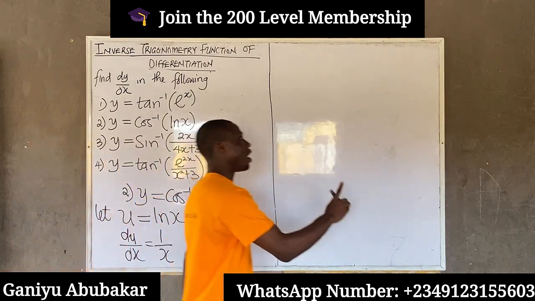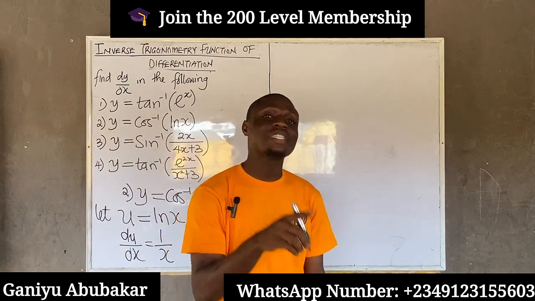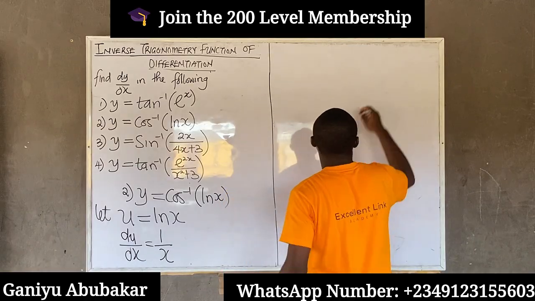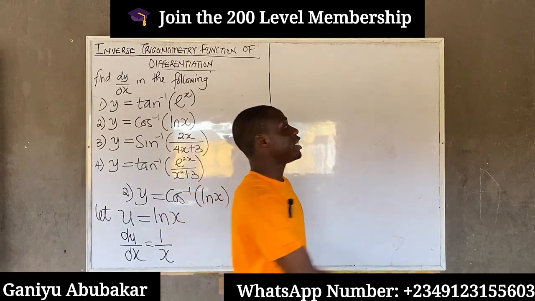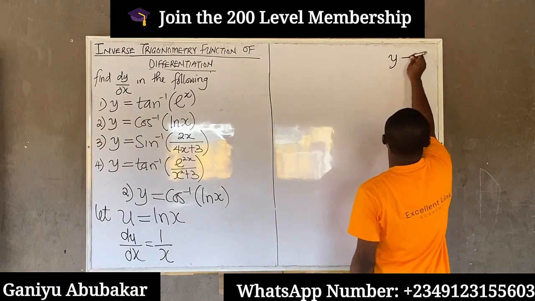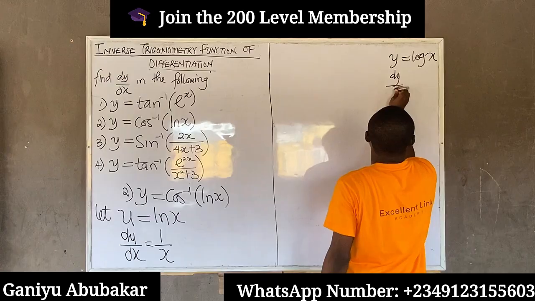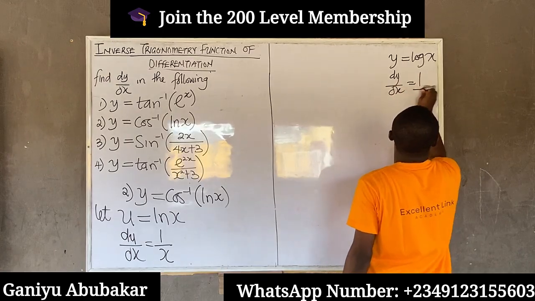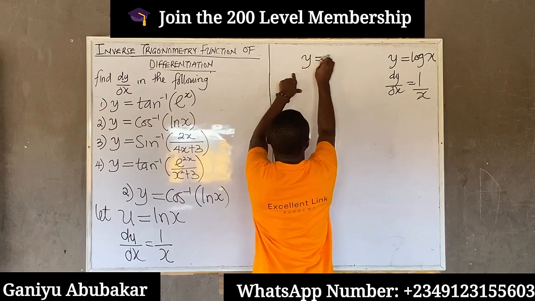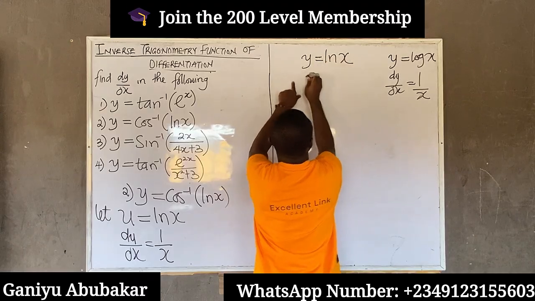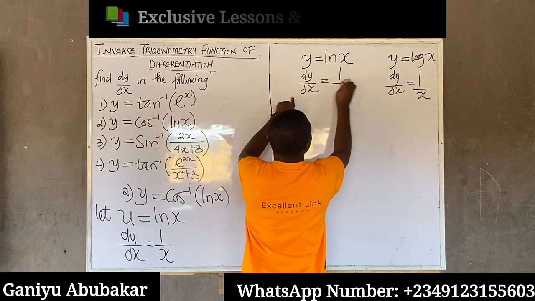Go back to our previous class on log function. We said in this topic of calculus, I can use log and ln interchangeably. So if I have that y is equal to log x, my dy dx here gives you 1 over x. Similarly, if I have that y is equal to ln x, my dy dx here obviously gives you 1 over x.